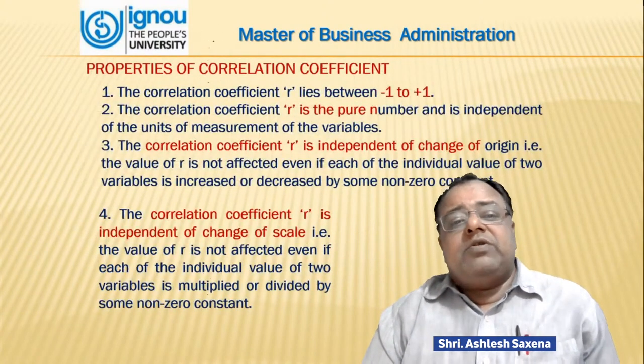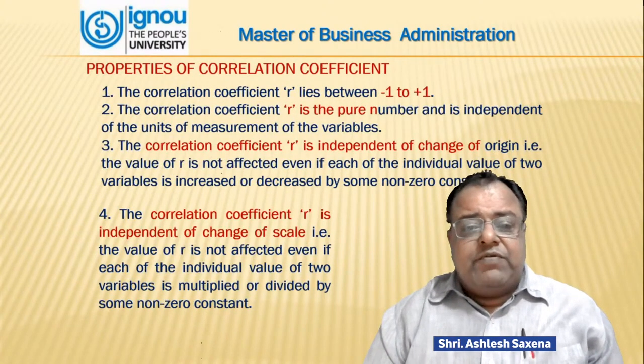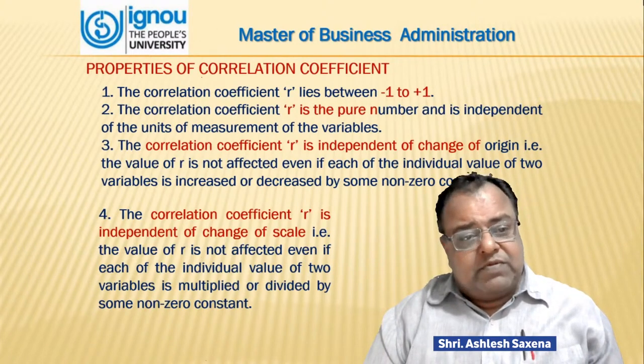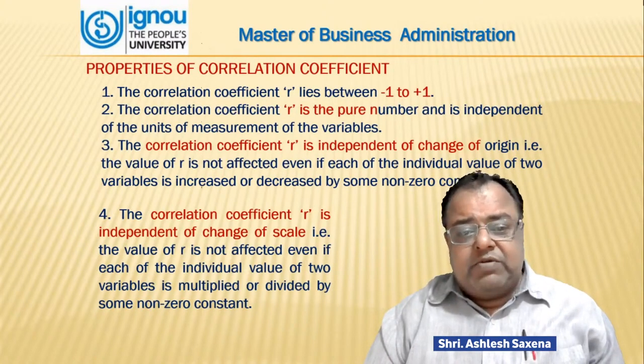What are the properties of the correlation coefficient? Correlation coefficient R lies between -1 and +1. R is a pure number and is independent of the unit of measurement of the variables.